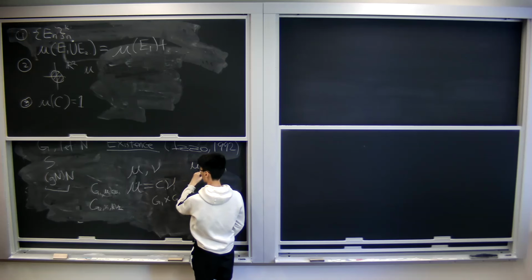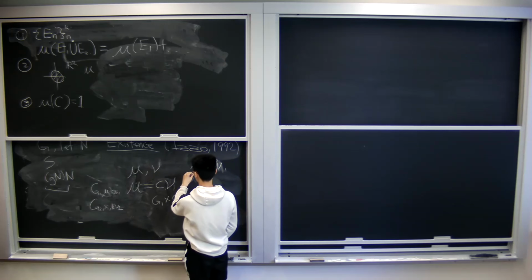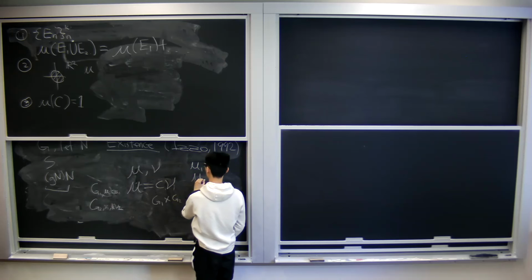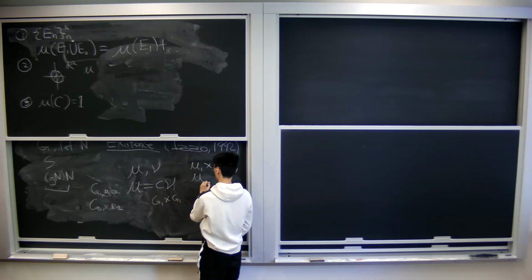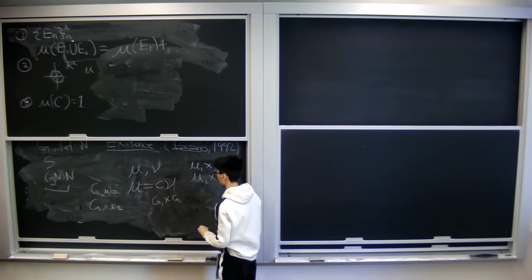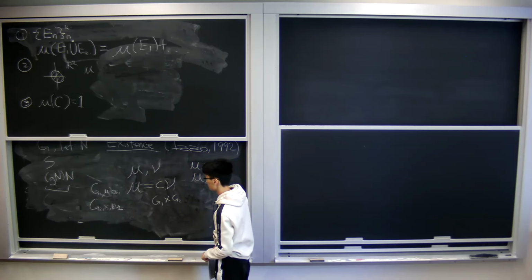That's one measure. Then the other measure is mu1 cross mu2. I guess it should be G and H, but the numbers are kind of mixed up.